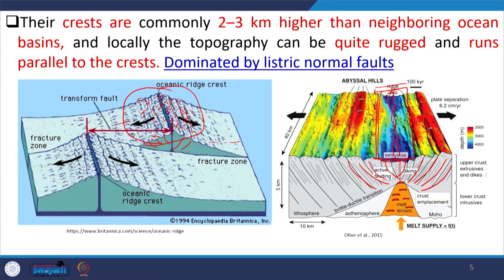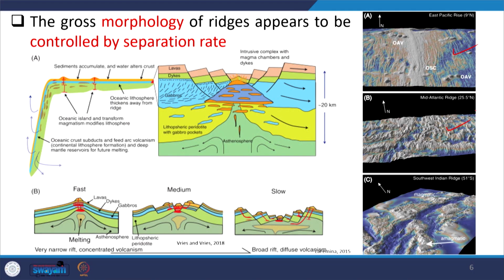On this graben, the magmatic activity is going on, and the gross morphology of the ridges appears to be controlled by the spreading rate. So, if you see here, we have 3 mid-oceanic ridge systems represented. First is the East Pacific ridge, then the mid-Atlantic ridge, then the Southwest Indian ridge.